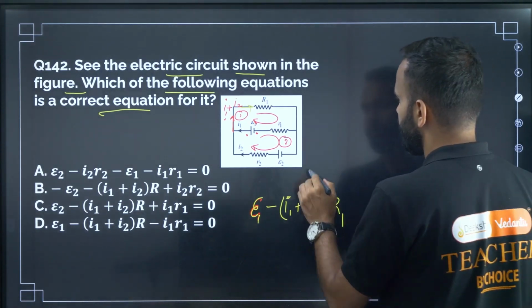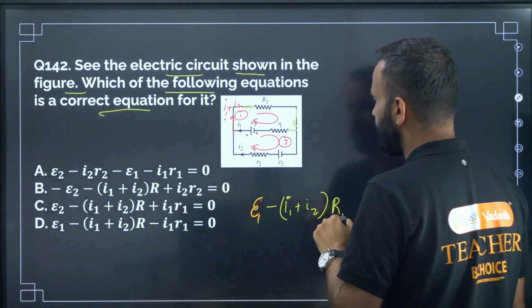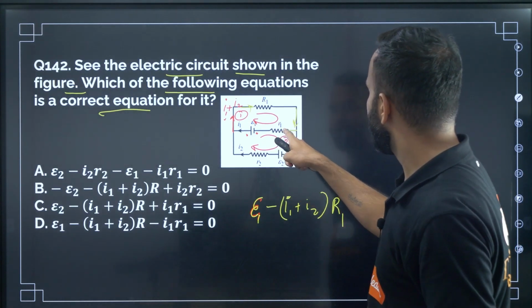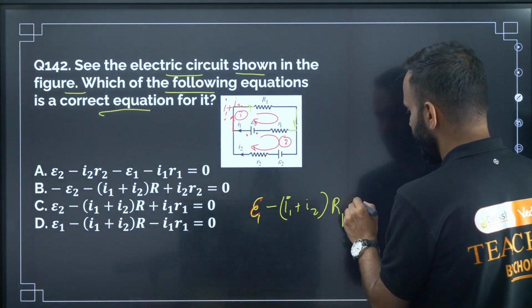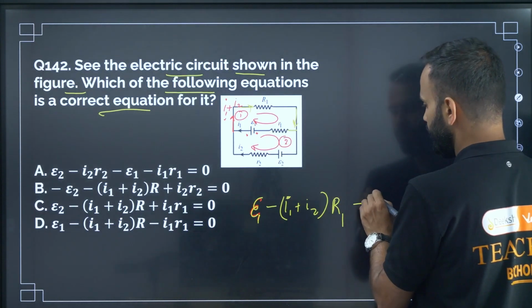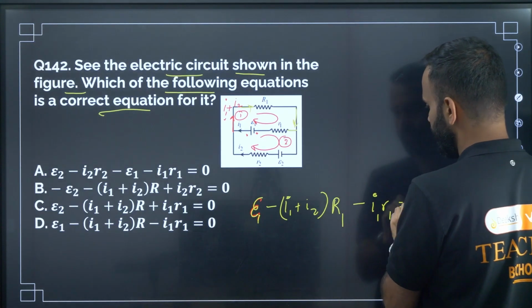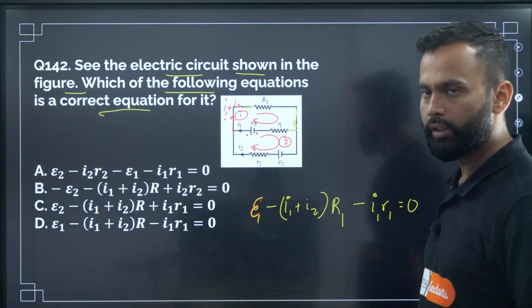Now here this is I1, and the direction of the loop and the current is the same, so the potential difference across small r1 is minus I1 into R1, which is equal to 0. So this is the KVL for the first loop.